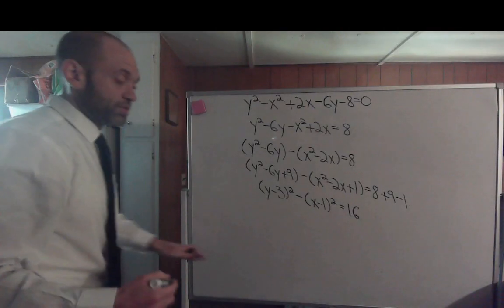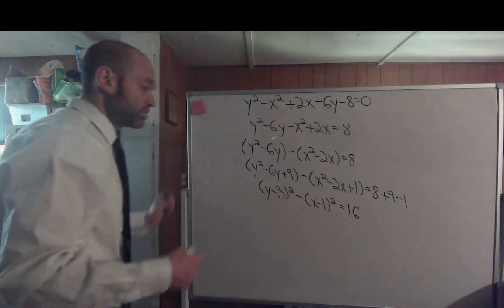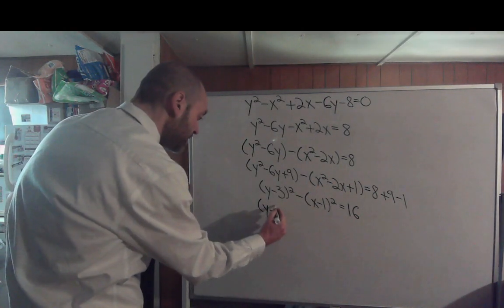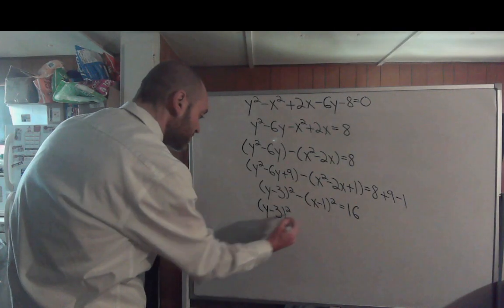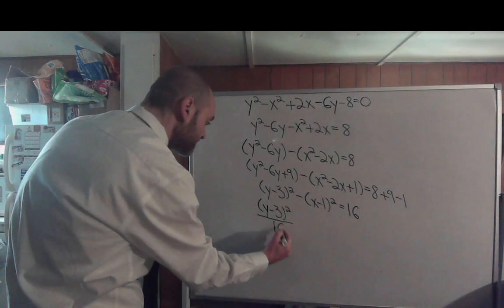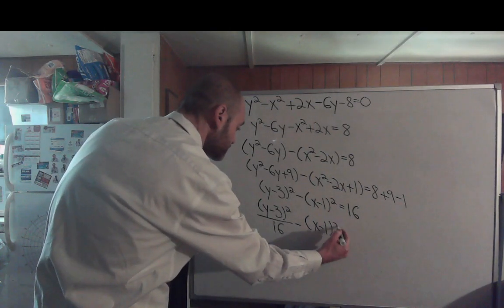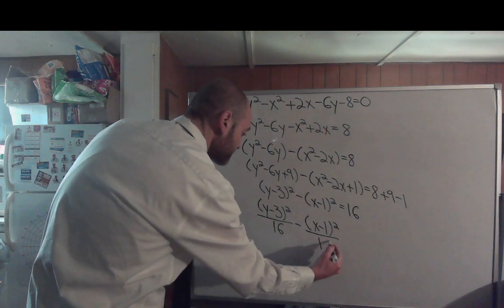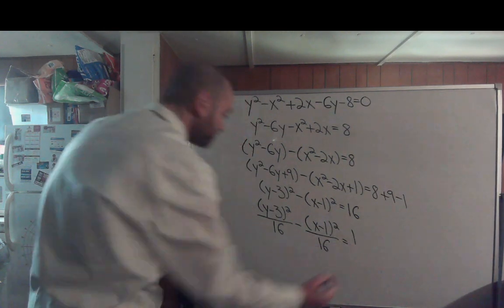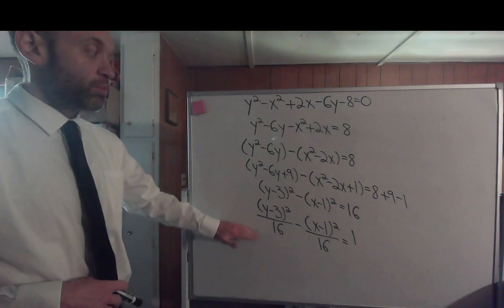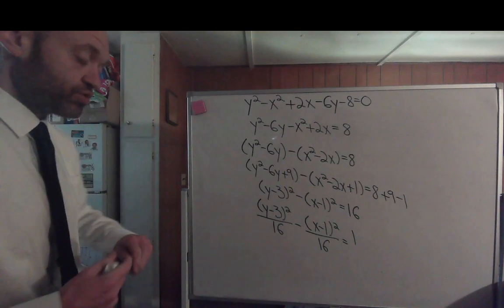Alright, well, we need to make the right-hand side equal to 1, so let's divide both sides by that 16. You'll get (y minus 3) squared divided by 16 minus (x minus 1) squared over 16 equals 1. Now we have this hyperbola in a form we can work with to find the eccentricity.